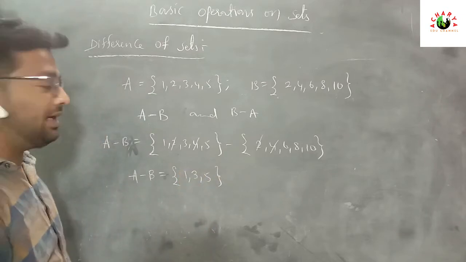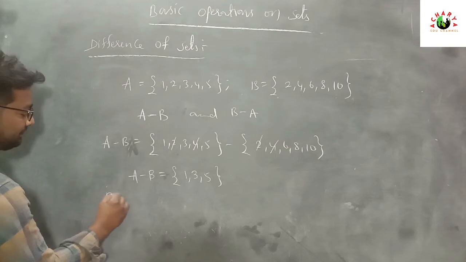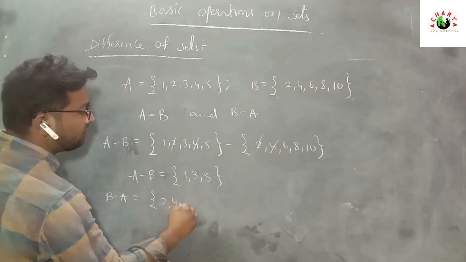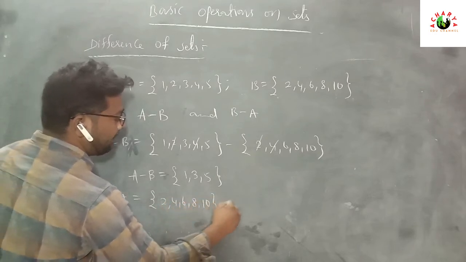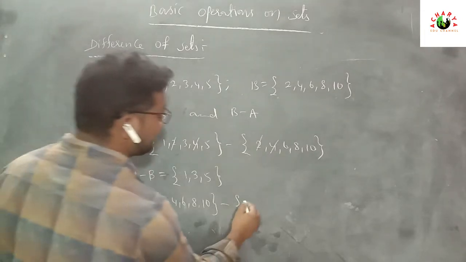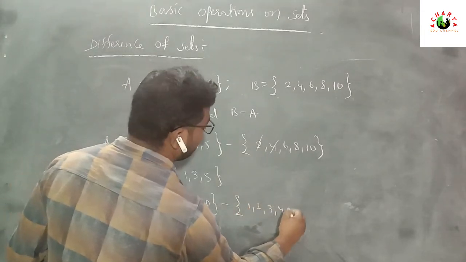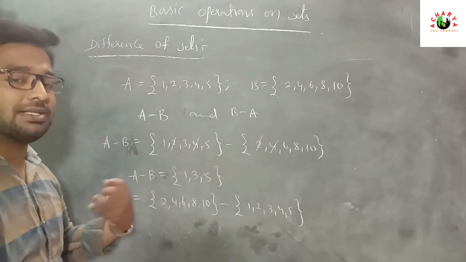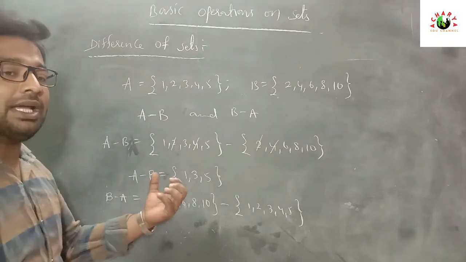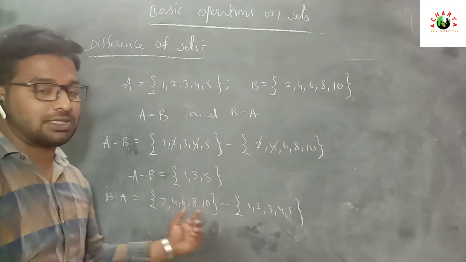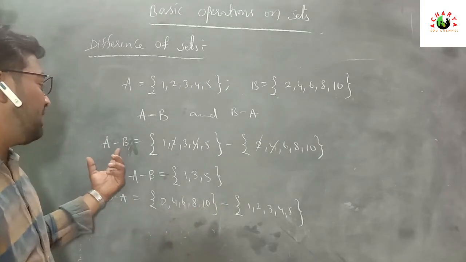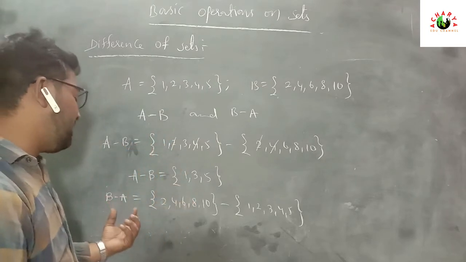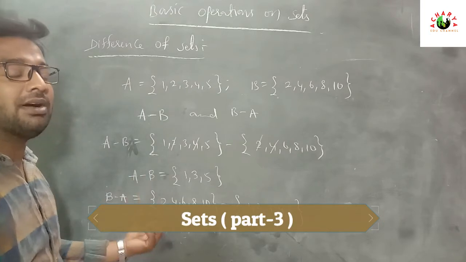Next, coming to B minus A. First we write the elements of set B, that is 2, 4, 6, 8, 10, minus the elements of set A, 1, 2, 3, 4, 5. Same as before, for the difference of two sets we cancel the common terms and write the remaining elements of the first set only. When finding A minus B, we write the remaining elements in set A. When finding B minus A, we write the remaining elements in set B after cancellation.